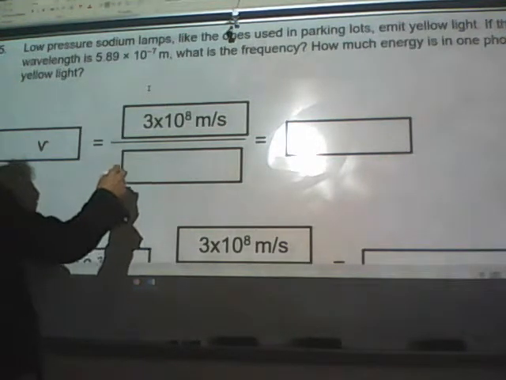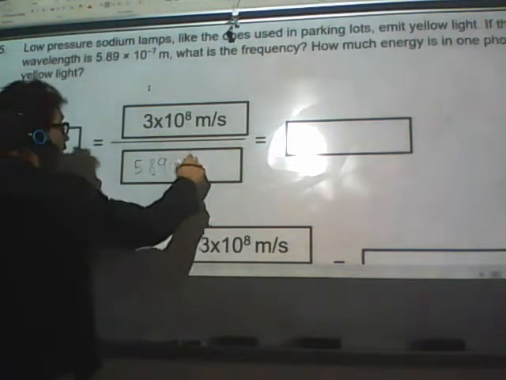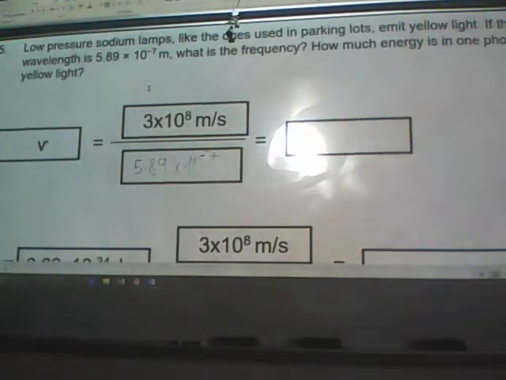First, the frequency, that is the speed of light divided by the wavelength.